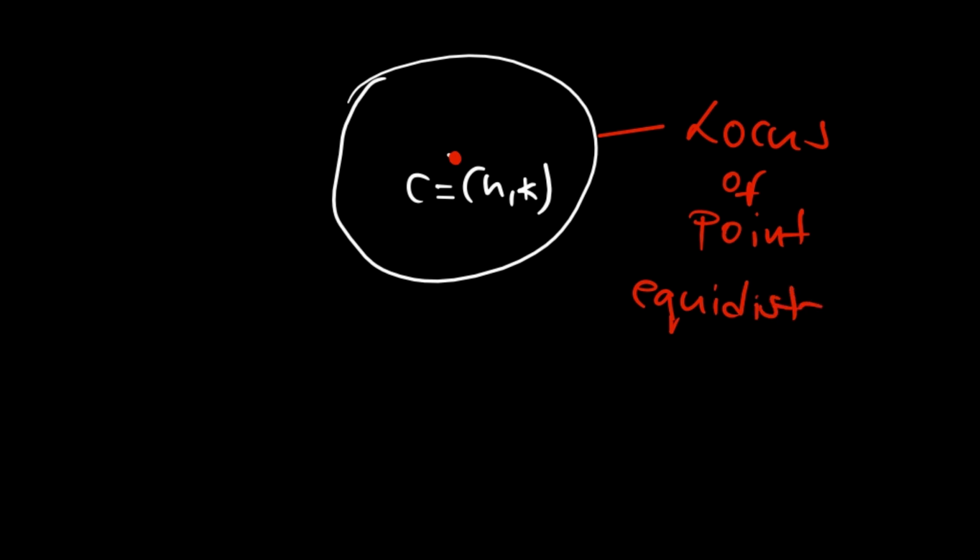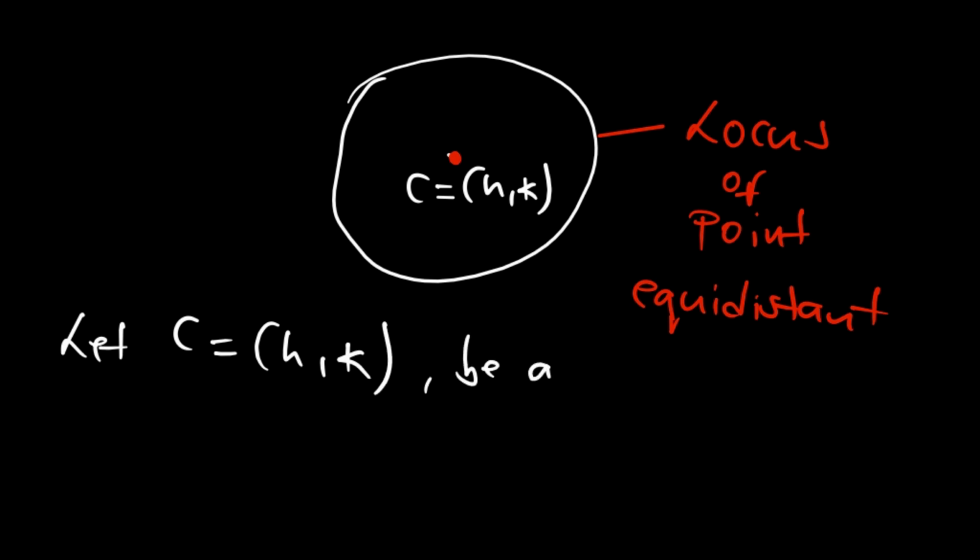Then you're good. So we just say let the point C, which of course we know is our center, h comma k, be a fixed point. Okay, that's very important, it should be a fixed point. Then what else do you add to that?